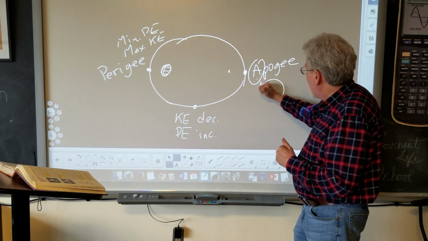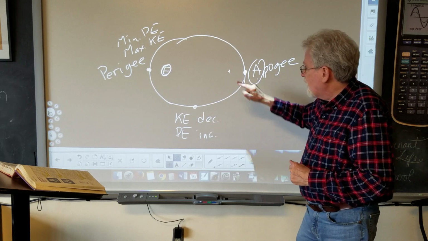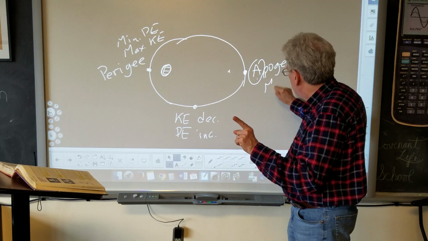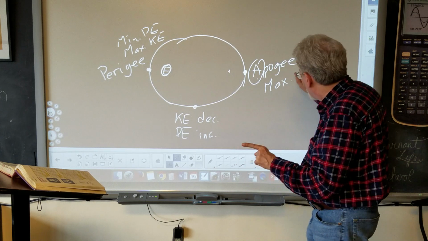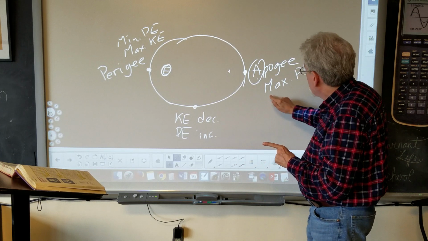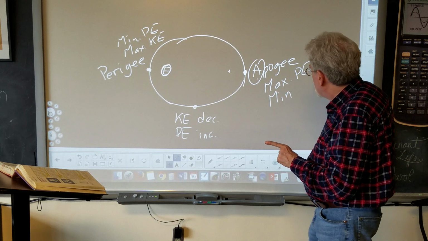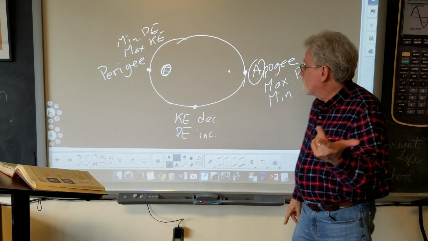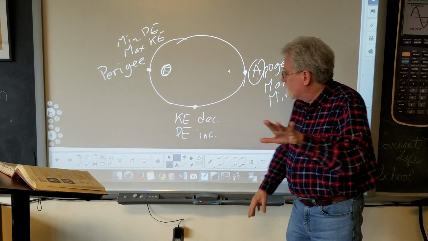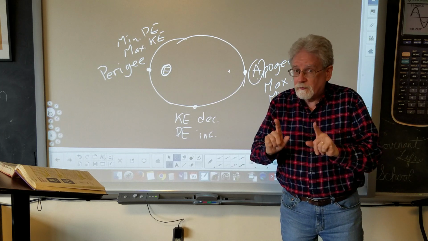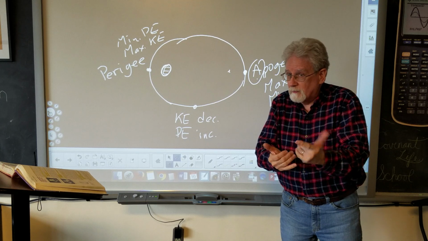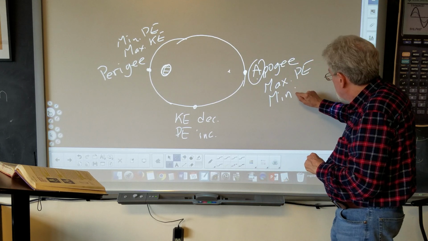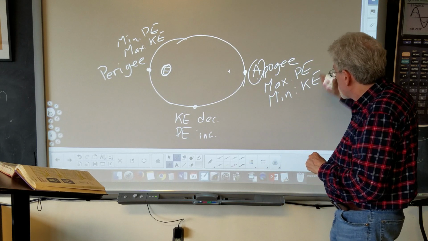And at apogee, what happens? At apogee, it has maximum, which one? Yeah, that's right, maximum potential energy. And it has minimum, oh yeah, I heard that, not exactly what I'm looking for. It is indeed minimum speed, minimum velocity, but the word I'm looking for is minimum kinetic energy. Both answers are correct though.